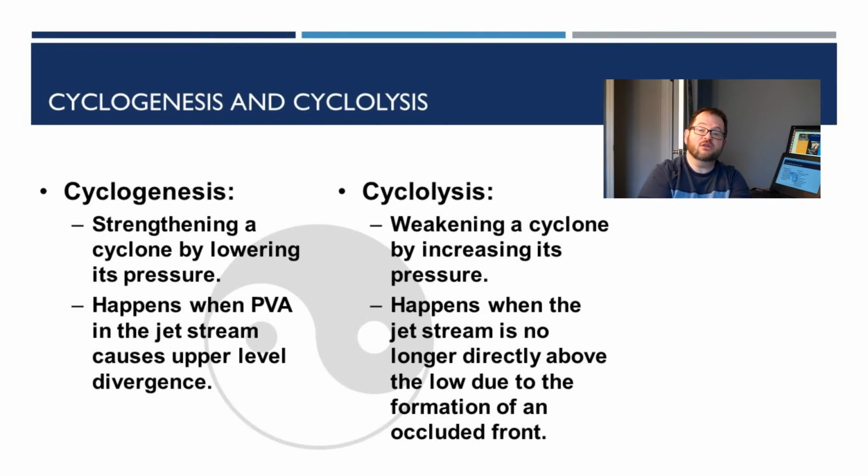It's weakening a cyclone by increasing its central pressure. As the pressure gets closer to normal in the middle of a cyclone, the winds are getting weaker, the rotation's getting weaker, the rising motions are getting weaker, etc. Cyclolysis is going to be happening whenever the jet stream is not configured in such a way that you are getting positive vorticity advection. And we'll see plenty of examples of this in our Skype class.